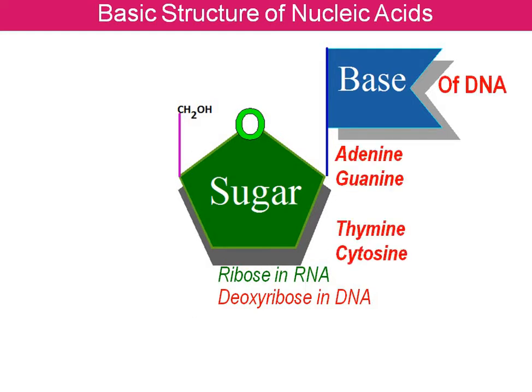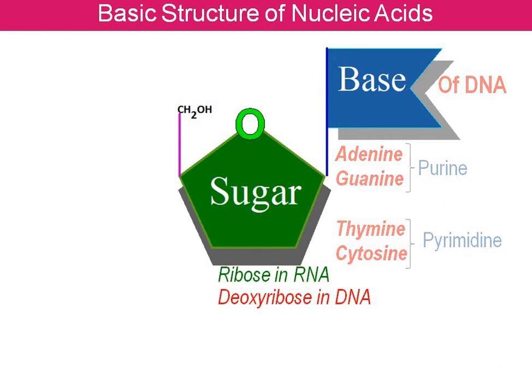Now, these nitrogen bases are of four types. That is, in DNA, we have adenine and guanine, thymine and cytosine. Adenine and guanine are purines, and thymine and cytosines are pyrimidines.